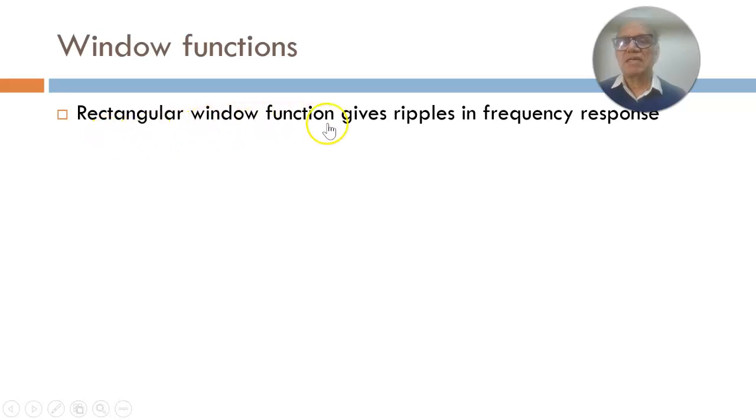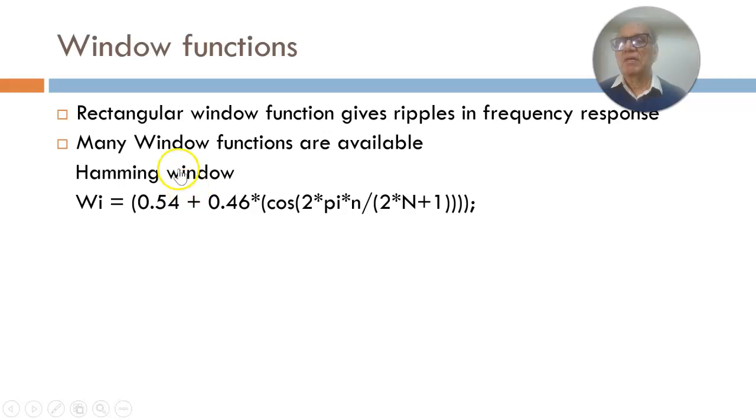So as we said, the rectangular window function gives ripples in the frequency response. So many different window functions have been found by scientists. They are available and each one has its pros and cons. I'll just demonstrate one window function which is called the Hamming window, but you can study the literature and find other windows as well.